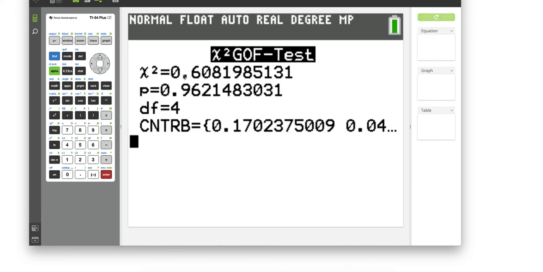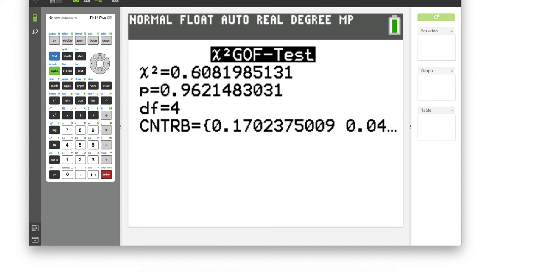So we got a really small chi value. We got a chi value of 0.608. If you're looking in the back of the book, it has 0.613. So if you calculate this by hand, you'll get a chi squared value of 0.613.